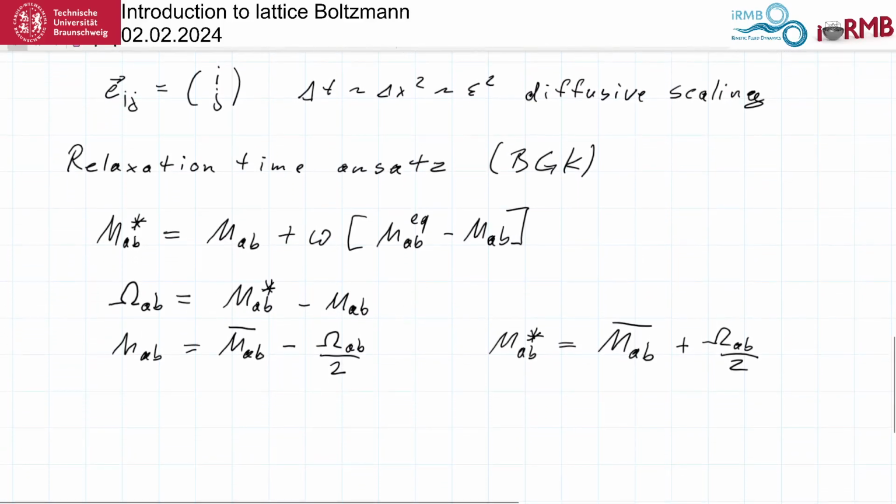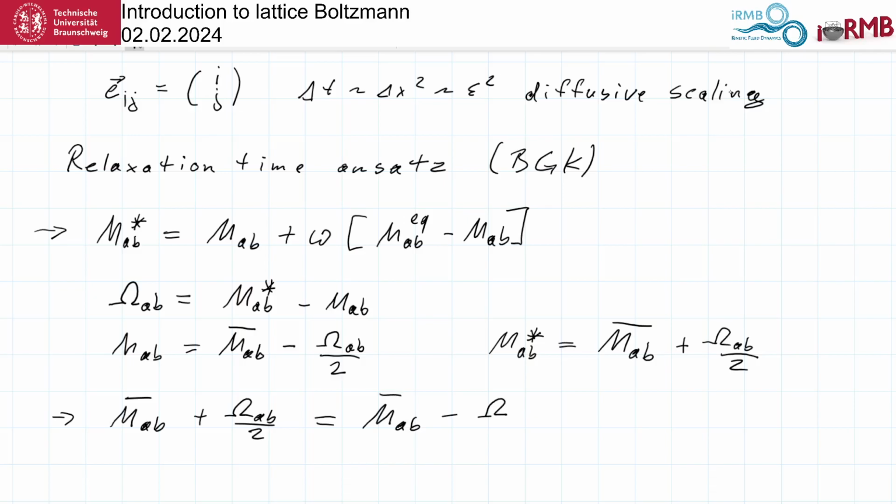So this allows us to write this equation up here as M_AB overbar plus Omega_AB half is equal to M_AB overbar minus Omega_AB half plus small omega, the relaxation rate, times M_AB equilibrium, which is non-modified, minus M_AB overbar.